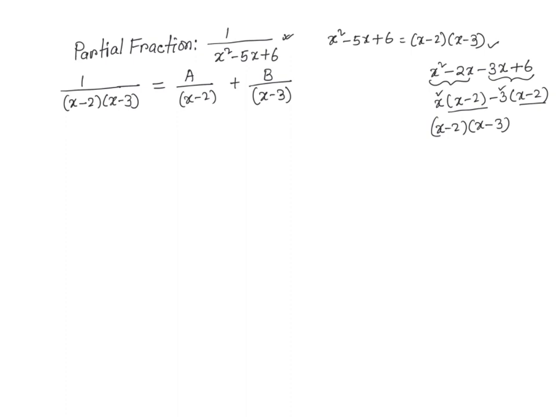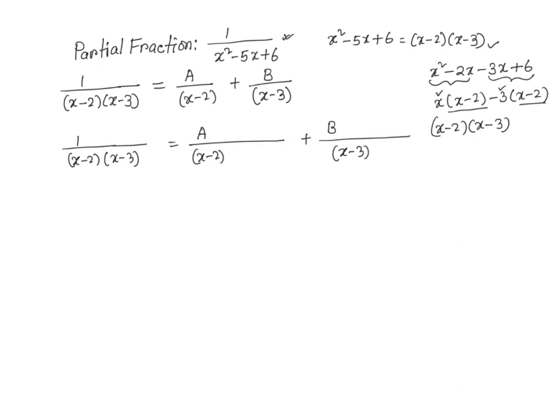So let's go ahead and rewrite it. 1 over x minus 2 times x minus 3 is equal to a over x minus 2 plus b over x minus 3.